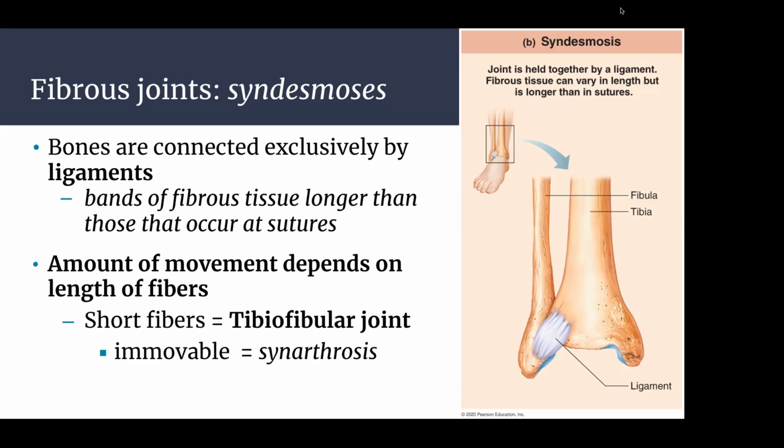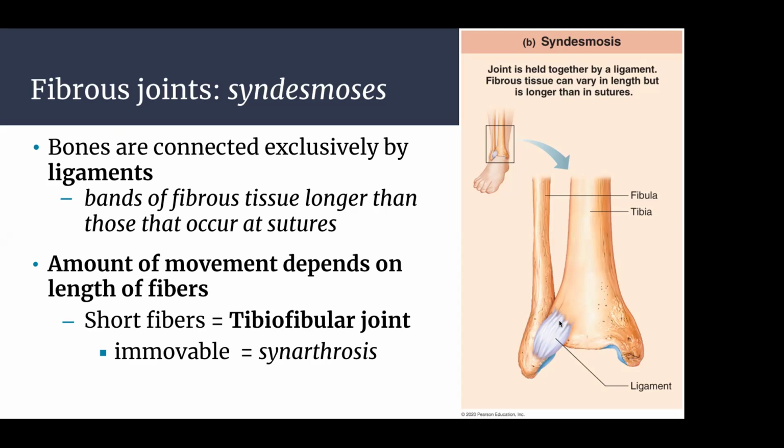The bands of fibrous tissue in a syndesmosis are longer than those that we saw at the sutures in the skull. And the example given in this diagram here is this ligament that is running between the fibula and the tibia, just above where the ankle joint is forming here.